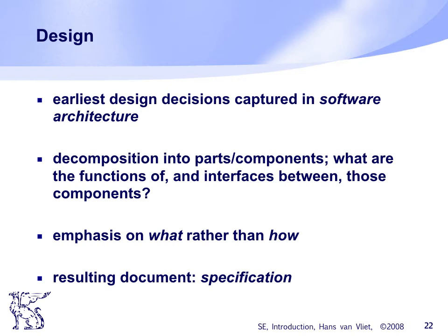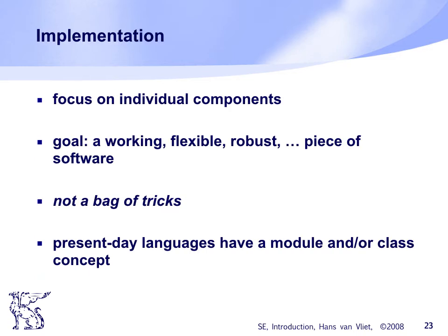During the design phase, we try to separate the what from the how. We concentrate on the problem and should not let ourselves be distracted by implementation concerns. The result of the design phase is the technical specification, which serves as the starting point for the implementation phase.